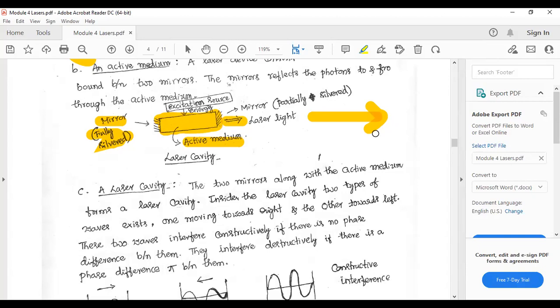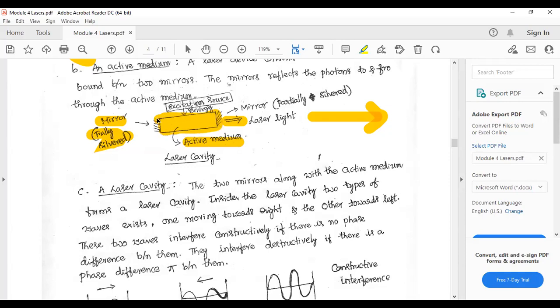To achieve this directionality or collimated nature of photons, I have to reflect the stray photons which are not in a straight line. I have to reflect them back and forth, and finally emit them in a single direction. To do these reflections, I require mirrors at the ends.